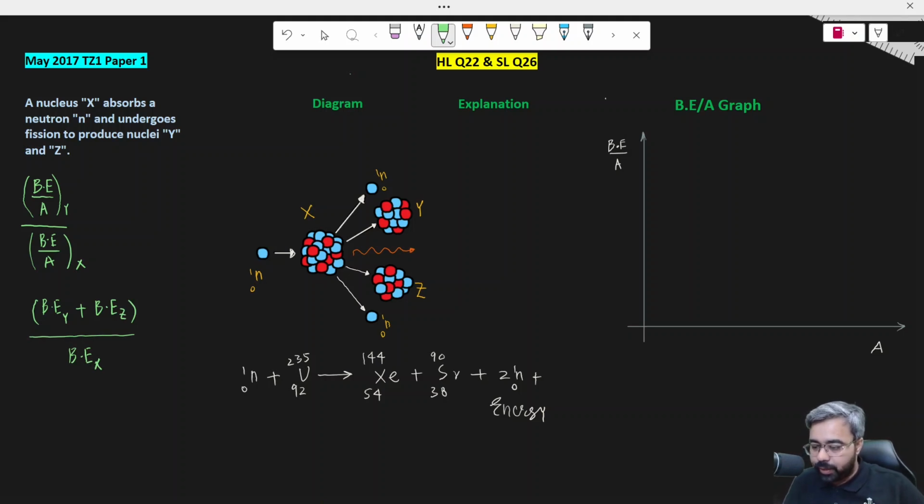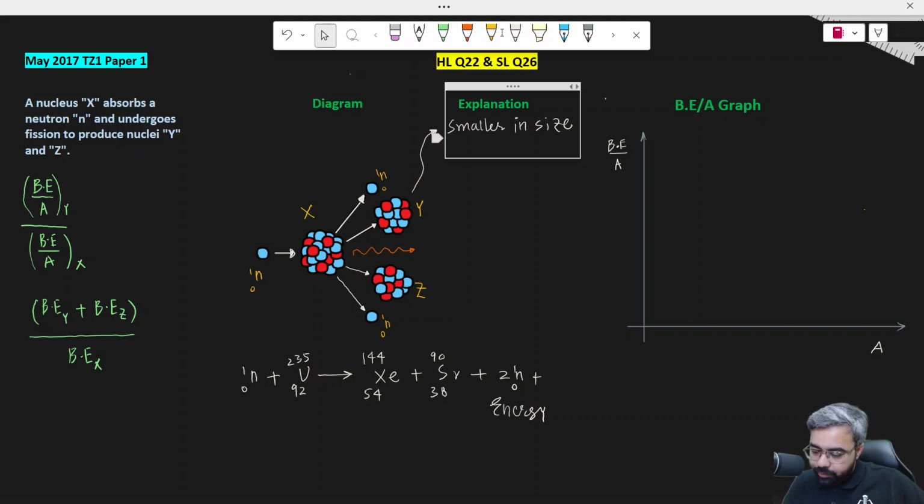First of all, I will explain why Y and Z are relatively more stable. The reason is that they are smaller in size. If they are smaller in size, what does it mean?